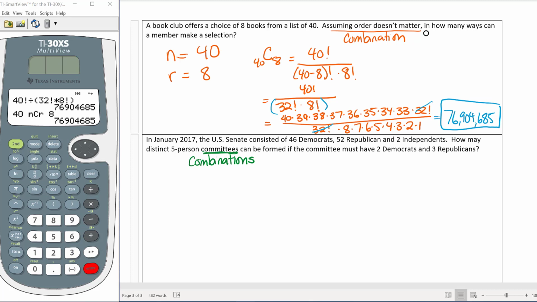How many different 5-person committees can be formed if the committee must have 2 Democrats and 3 Republicans? Apparently no independents get to be on this committee. So in this case, I have 2 different things going on.